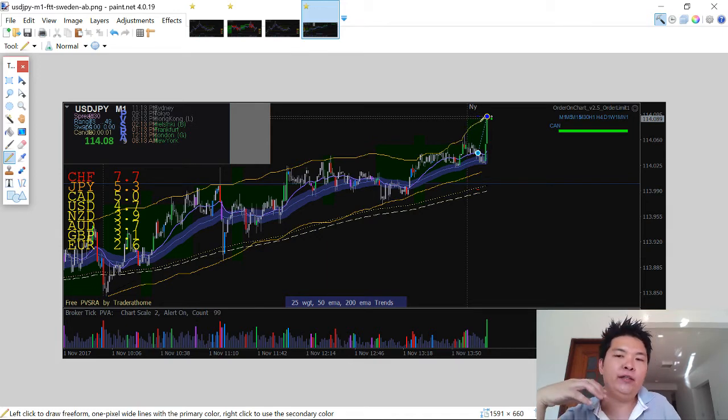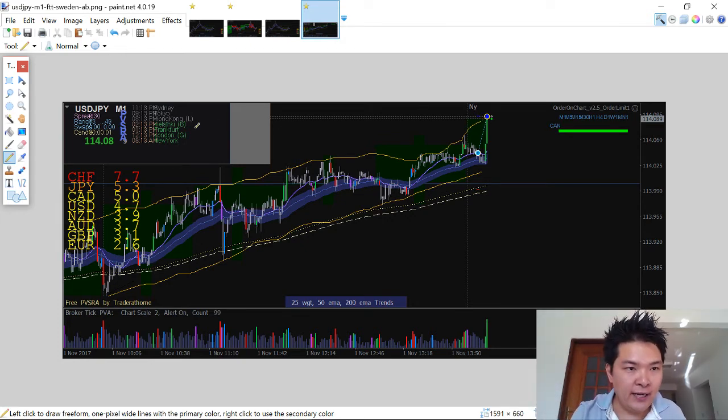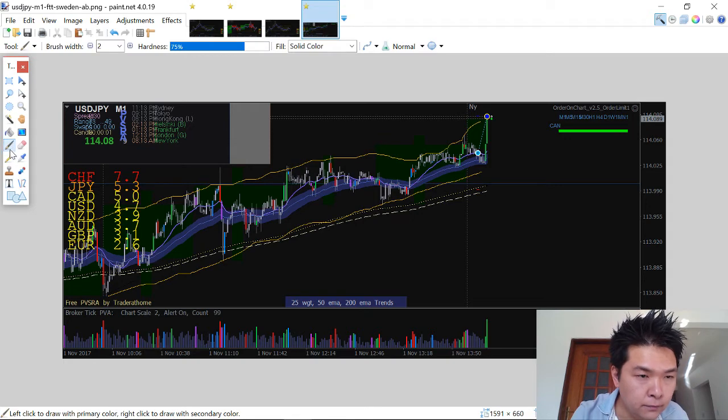So once you have identified the trend, what you can do is you look for a break of what looks like a consolidation area. So if you guys look at this part, let me highlight it to you.